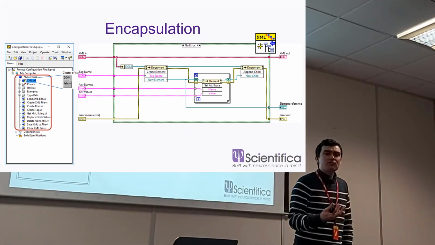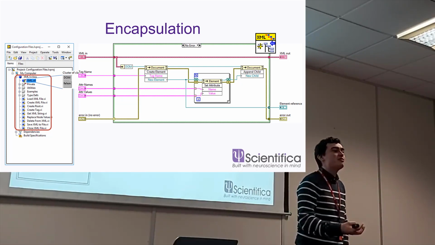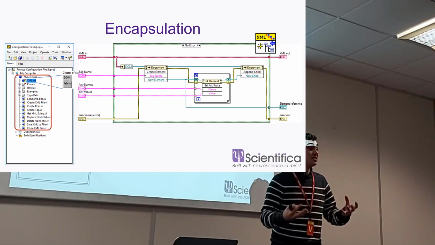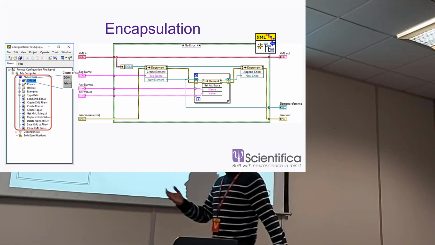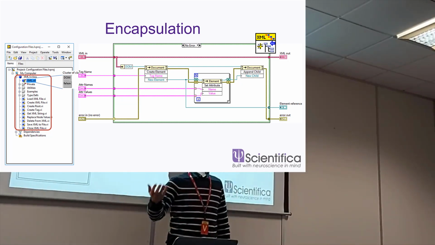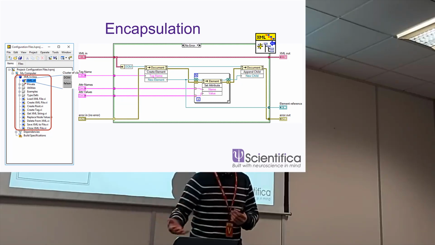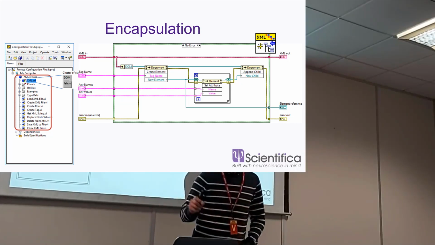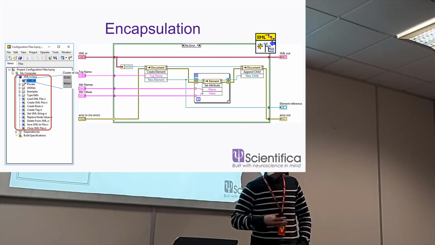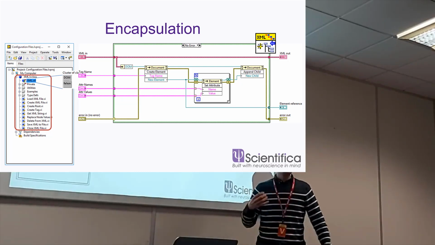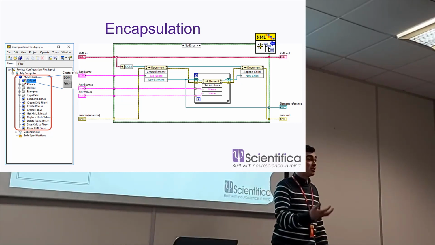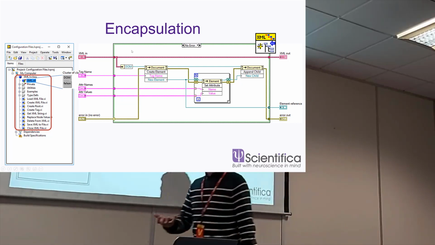In object-oriented programming, we have these methods, and those methods are just VIs, where we can right-click a class, go to New, then create a VI from a template. Those VIs, which I'm going to start calling methods, can perform some functionality using that private data.